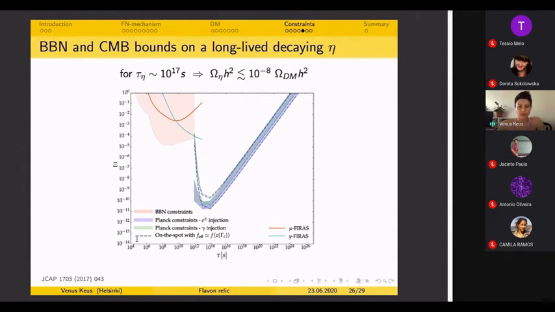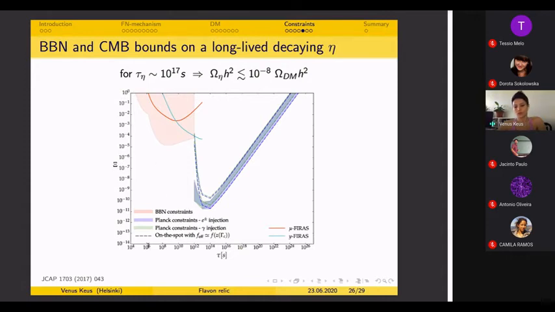At the very, very beginning of the universe, if your particle is only that short-lived, it decays so rapidly that none of it is left for any cosmological bound to apply on.